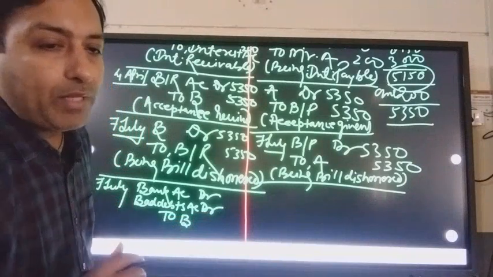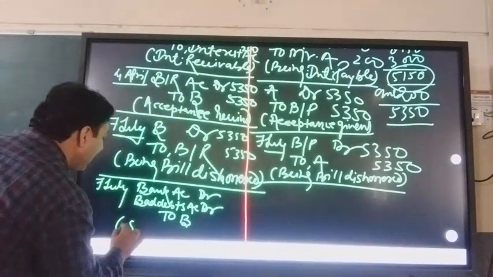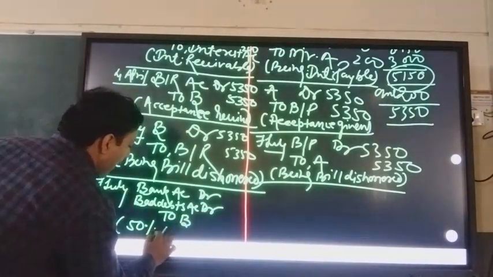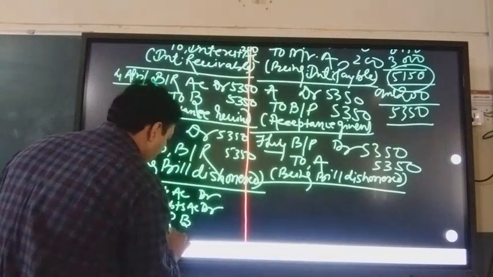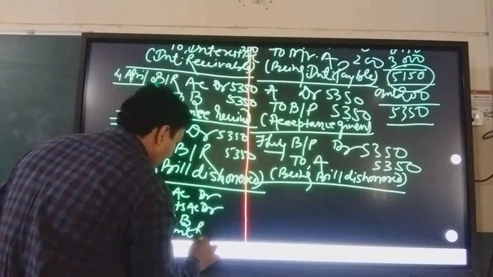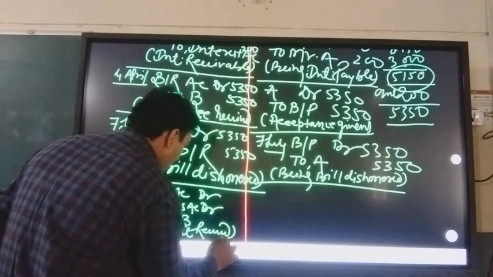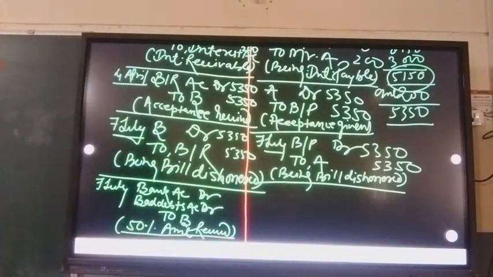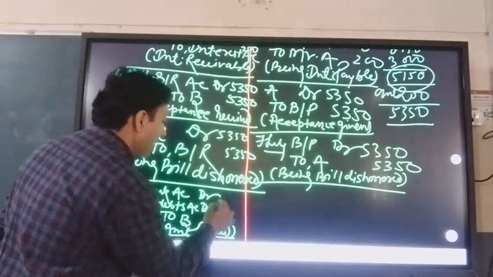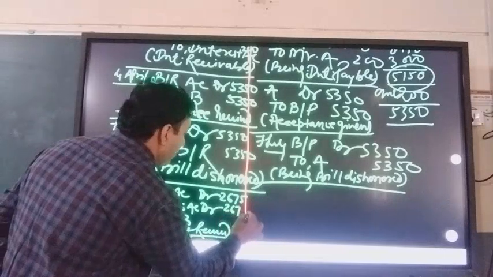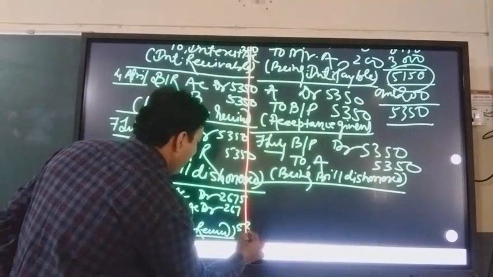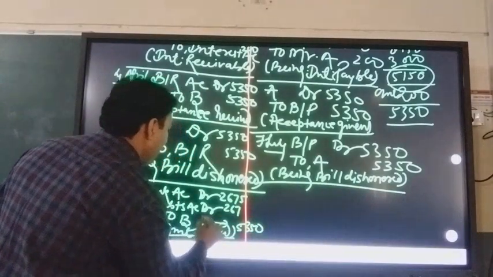So what is the 50 paisa in a rupee, that is, 50% amount received. Okay. 50% of what? Of 5350. Okay. So 50% of 5350 is 2675, total 5350. Okay.